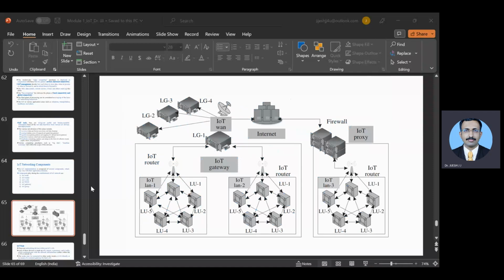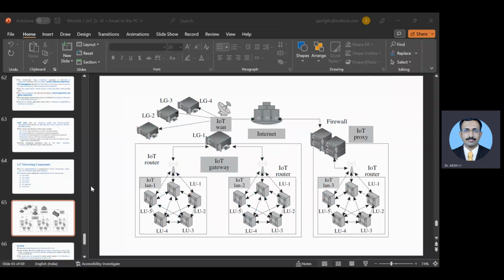So you can see here what things are available. For example, this is one user, and this is another user. You need to make sure that you have a set of people who are connected to one another in a LAN and all those things, isn't it?